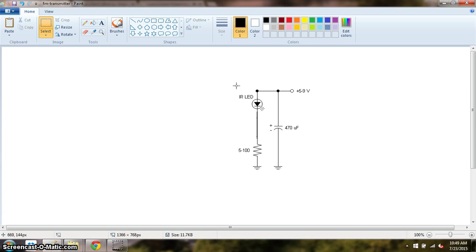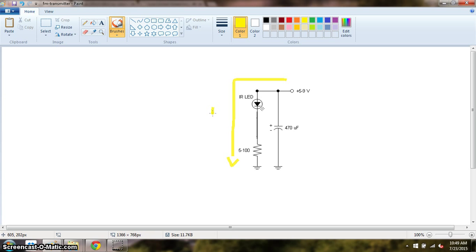Okay, so in our practice, current is going to flow from here, just a straight line. That's how the current will flow.